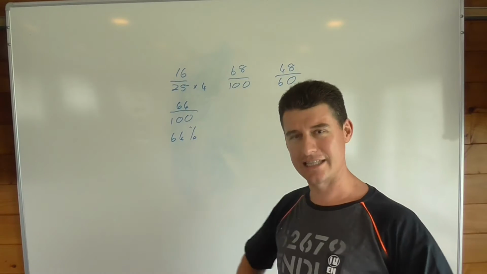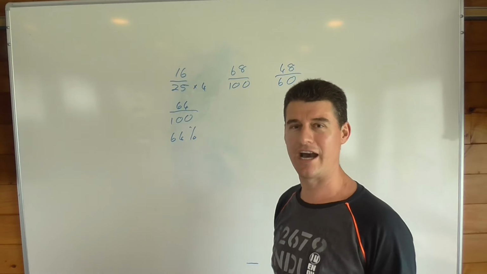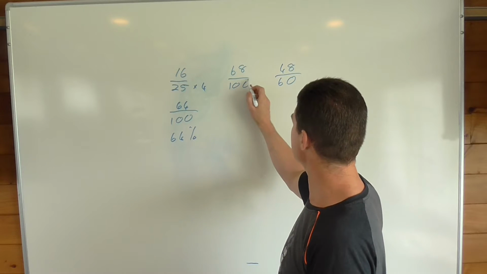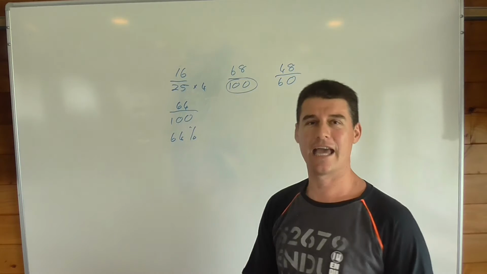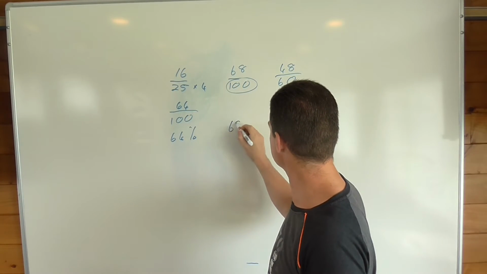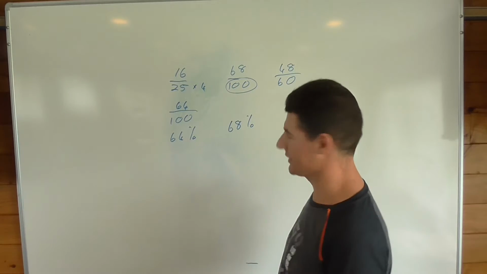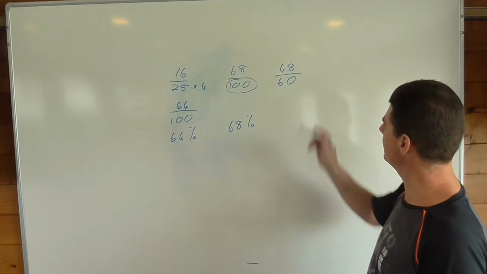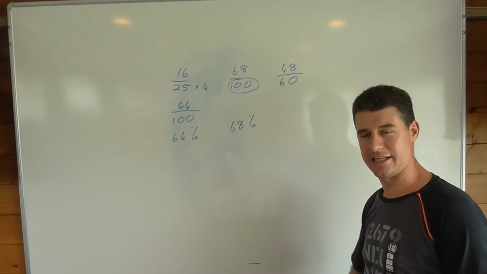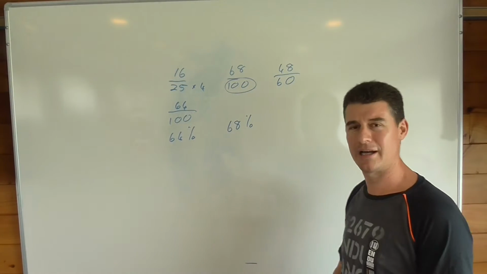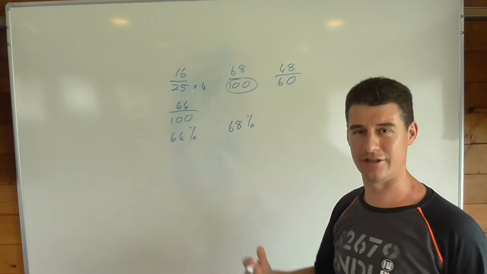The next test, he got 68 out of 100. So remember, percent means out of 100. Because this one is already out of 100, you don't have to do any calculations. So he got 68%. Now for the other one, you've got 48 out of 60. I know that can be a little bit tricky because what do you multiply 60 with to get to 100?